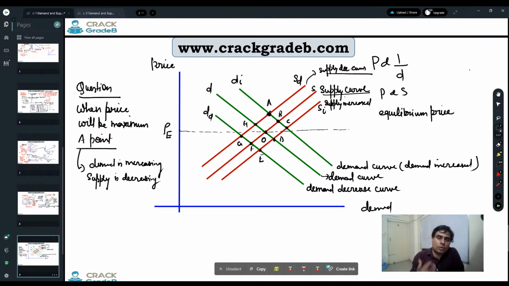So if in an economy, the demand of a particular good is increasing, but at the same time its supply is decreasing, then the price of that good is going to shoot up. In any combination, price is going to be highest.